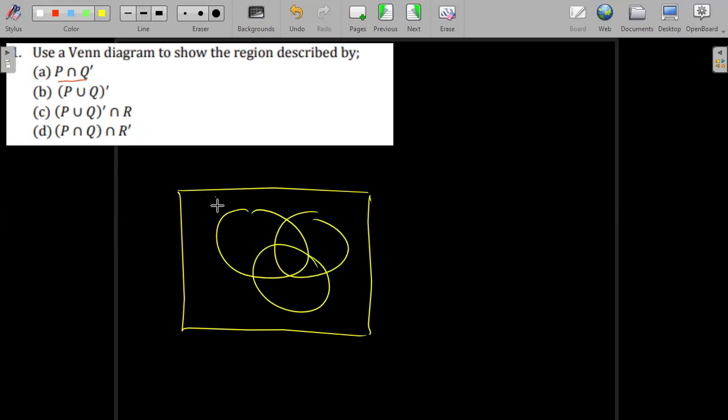So I'm going to have P, Q, and R there. So these are the three sets that I'm having.